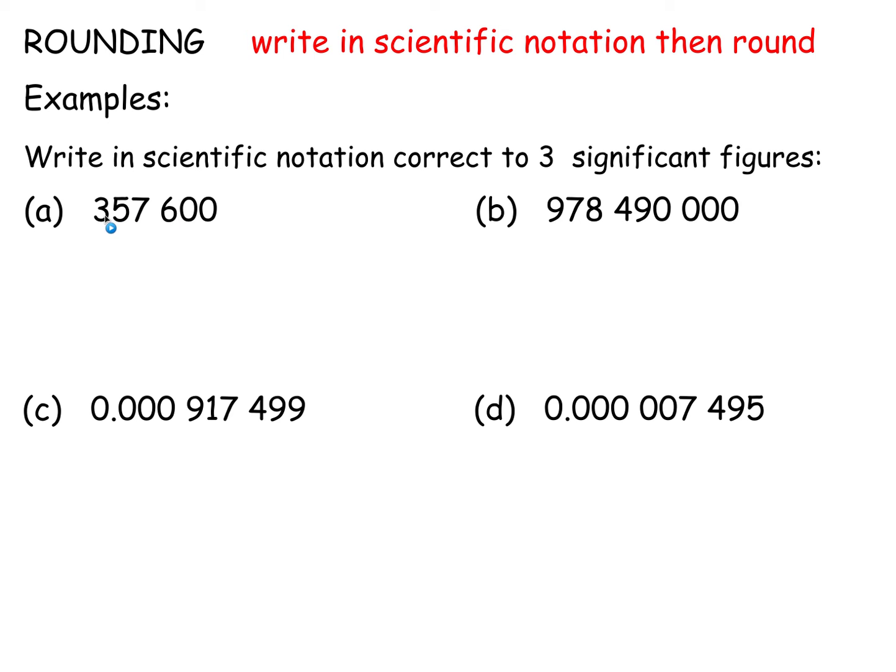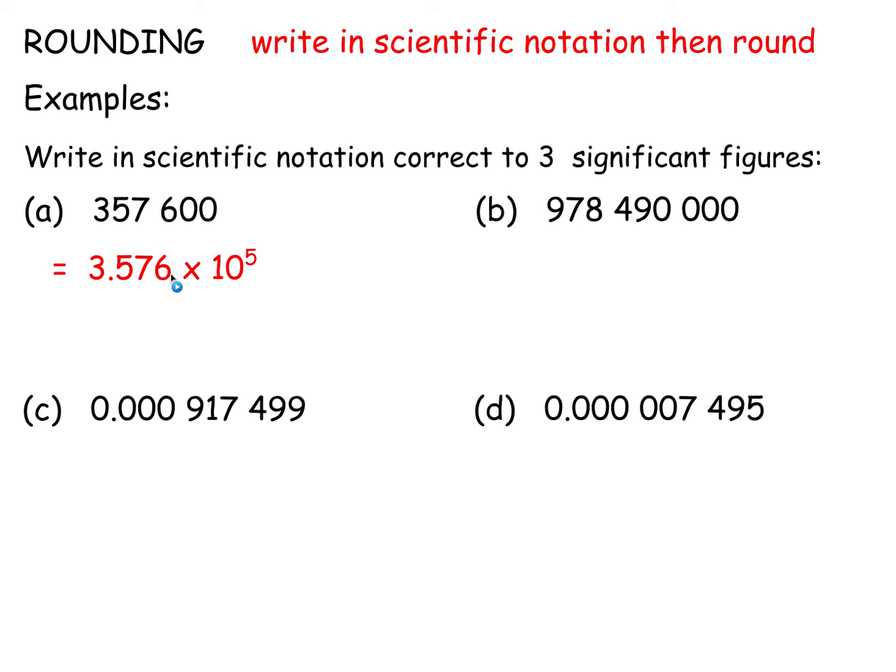So here starts 3.57. It's 10 to the power 5 because the decimal point jumped from being after the 0 here, it jumped 5 places to become 3.57, hence power 5. That's 4 digits here, 3.576, 4 significant figures. If you wanted 3, you decide is it 3.57 or 3.58, the 6 being above 5.